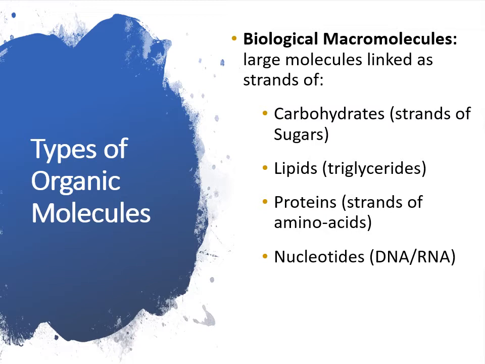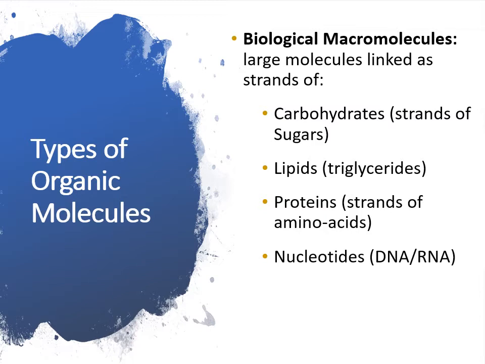So carbohydrates that we typically will find in many food sources, just look at the labels on any food sources that you eat. You're almost invariably going to see carbohydrates in there. And carbohydrates are just long strands of sugar molecules that are bound together.